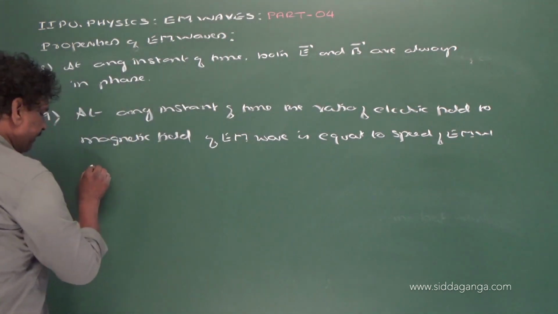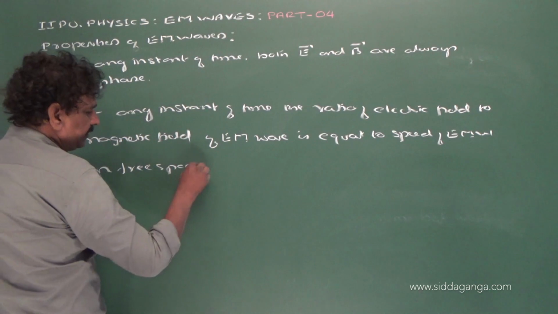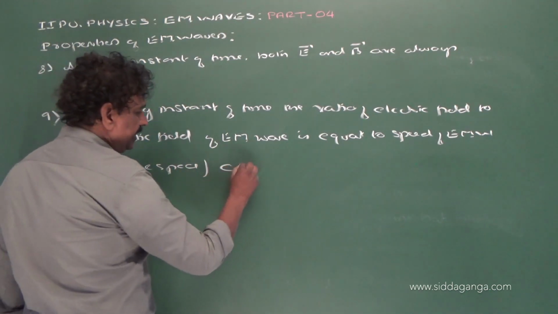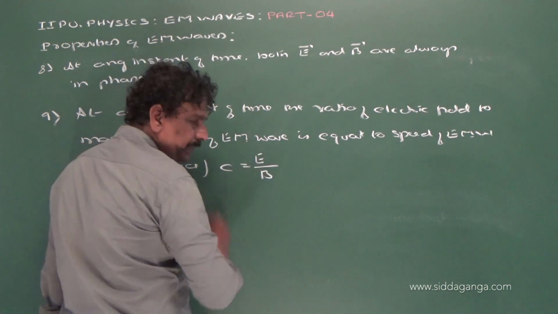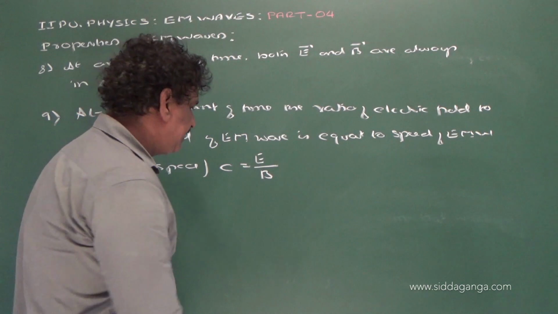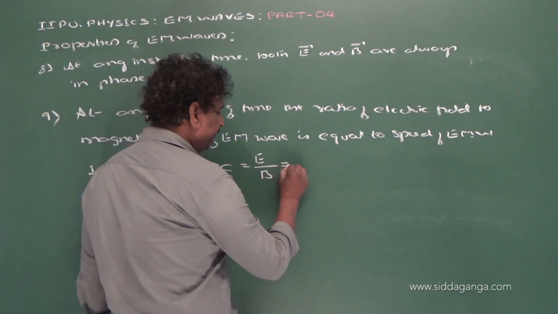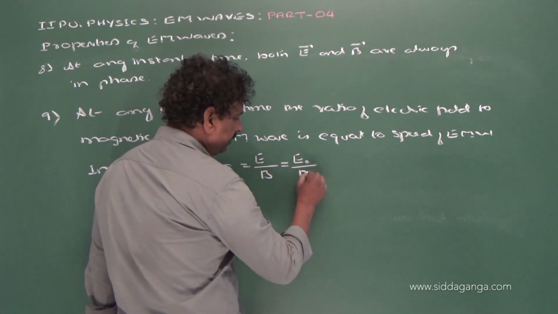So, in free space, c is equal to E by B. E is the instantaneous value of electric field, B is the instantaneous value of magnetic field, and that is equal to E naught by B naught. They are the peak values.